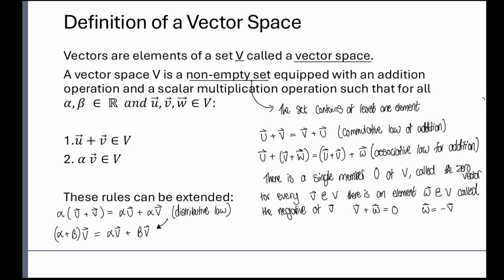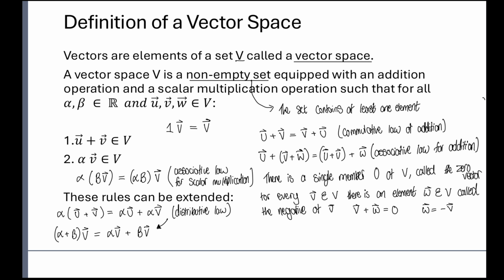If we now had alpha multiplied by beta and the vector v, this is the same as doing alpha multiplied by beta, then multiplying it with the vector v. This is known as the associative law for scalar multiplication. And finally, if we had 1 multiplied by the vector v, we just get the vector v.